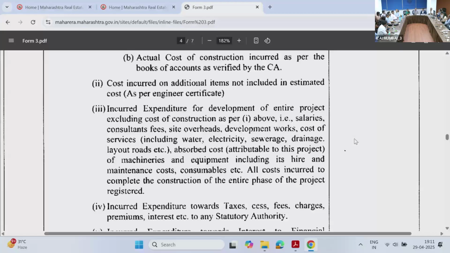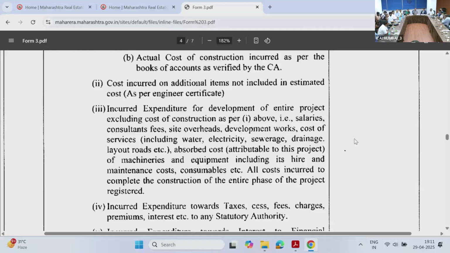Such things are not cost of the construction. It's their choice. If they want to sell it, they have to spend money. They are spending by making payment to the brokers, other schemes. All such expenses will not come in this format.